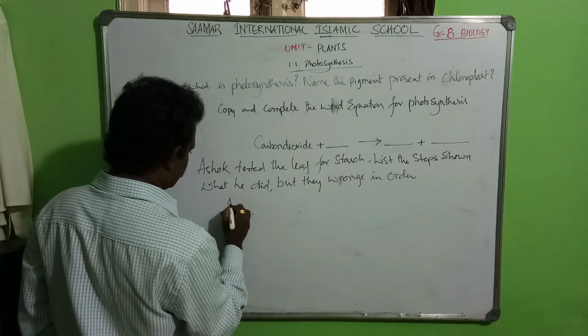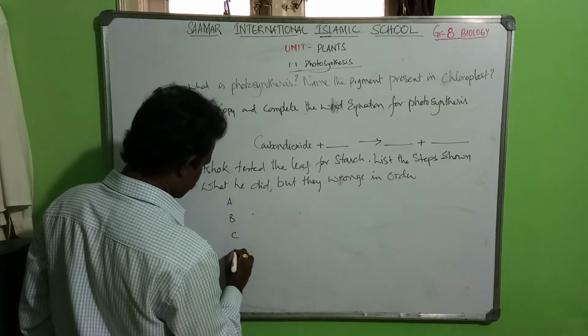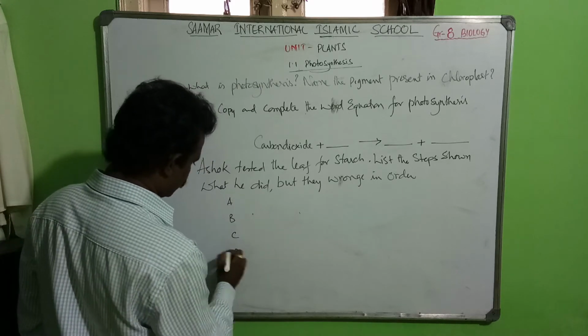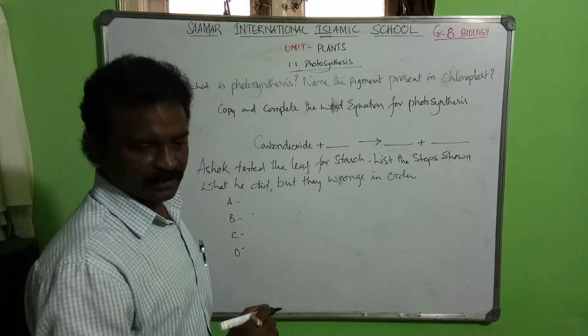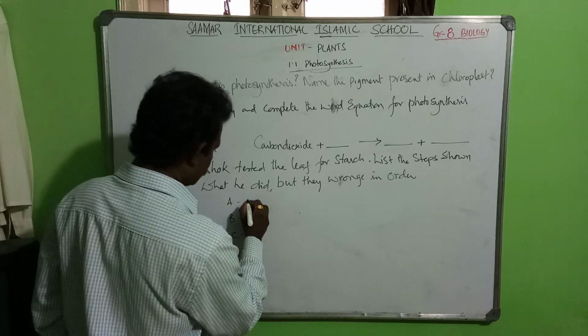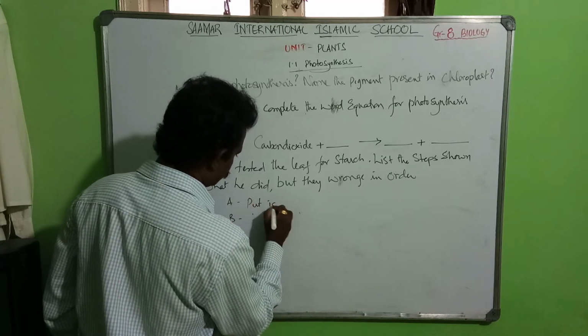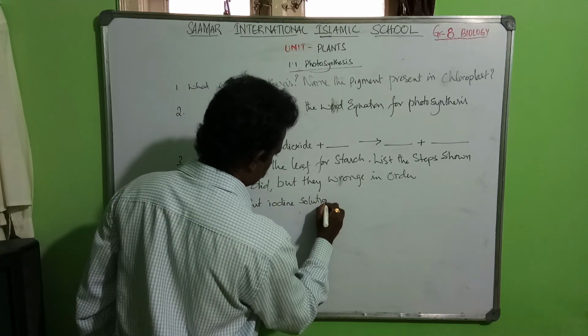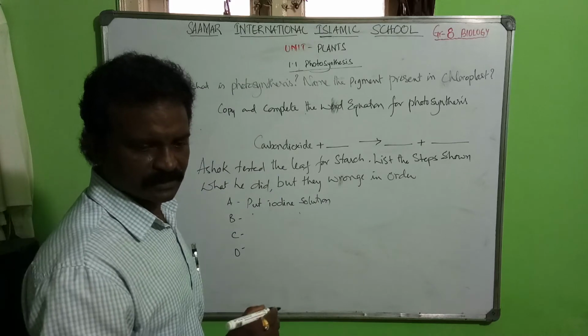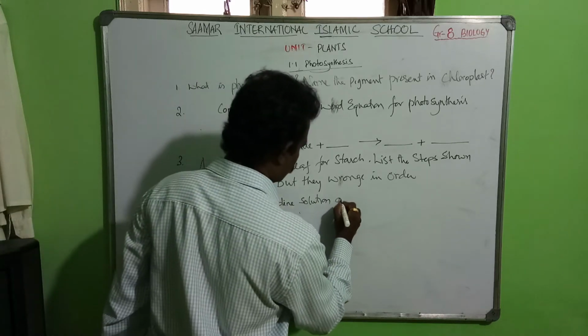Now I will give you A, B, C and D. You have to put them in order. First one is A: Put iodine solution onto the leaf.